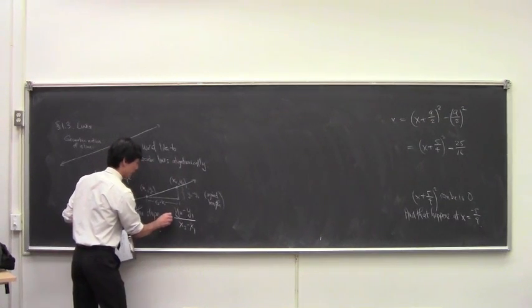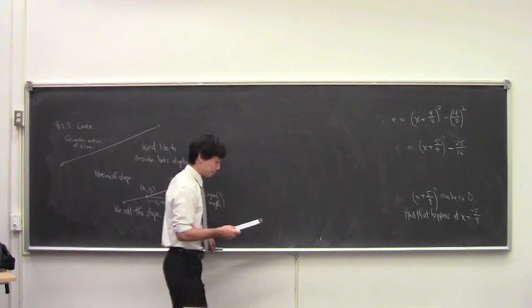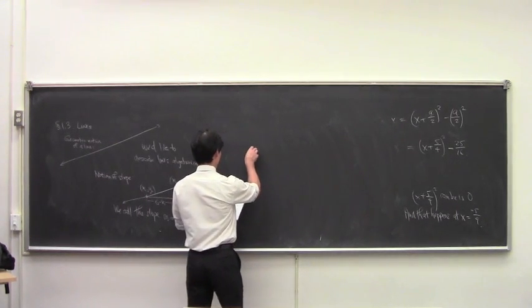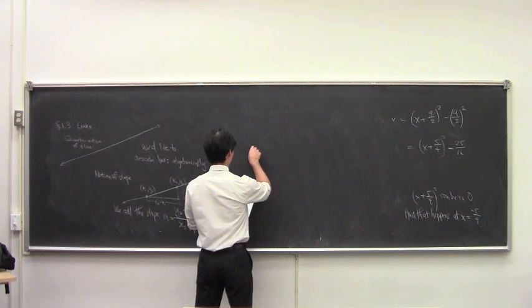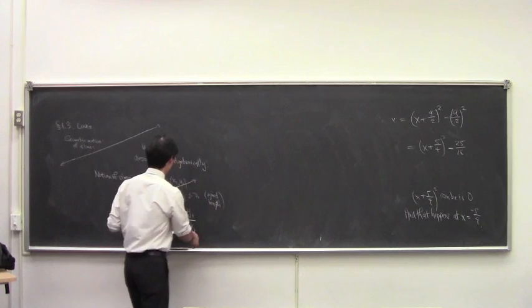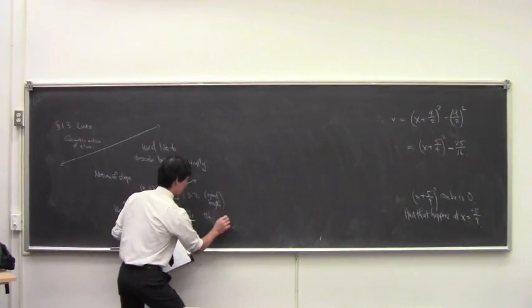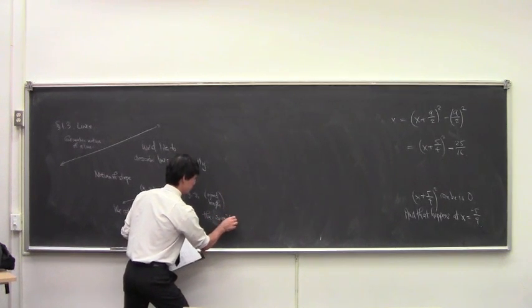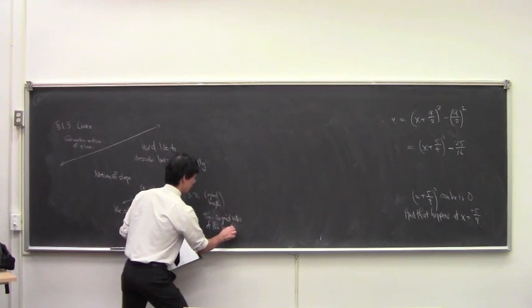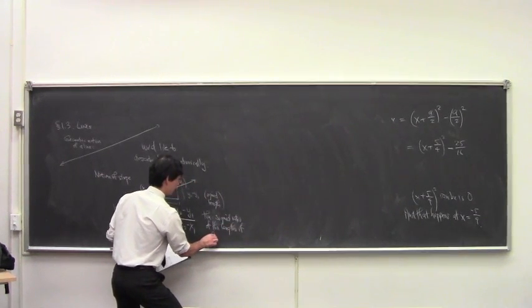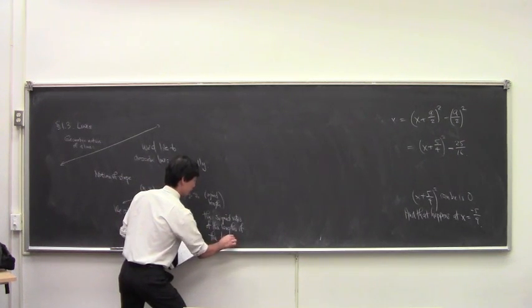One usually denotes it by m. I'm not sure why. So it's the signed ratio of the lengths of the triangle.